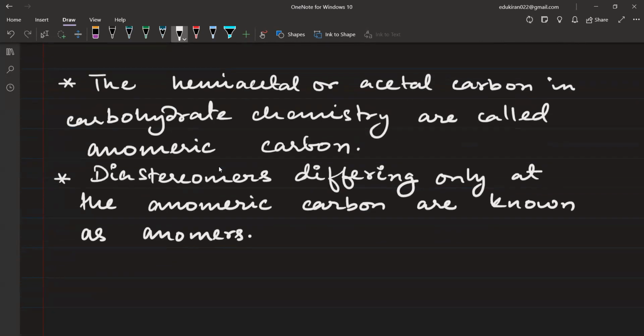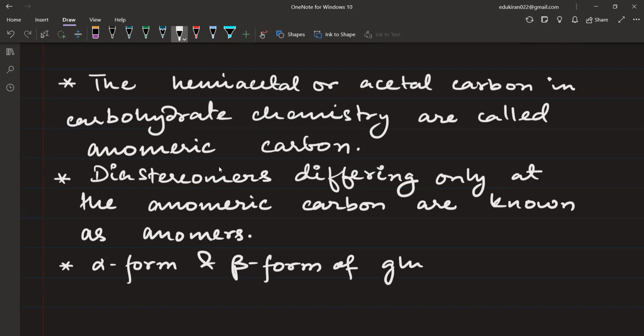Also, alpha form and beta form of glucose are called anomers. ठीक है, इसको लिखने की जरूरत नहीं है, आपको पीडीएफ मिलेगा ना तो ये इसमें लिखा रहेगा.